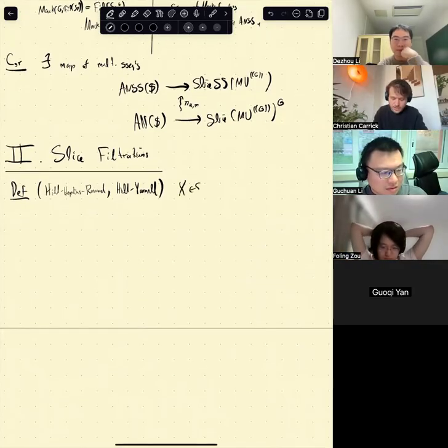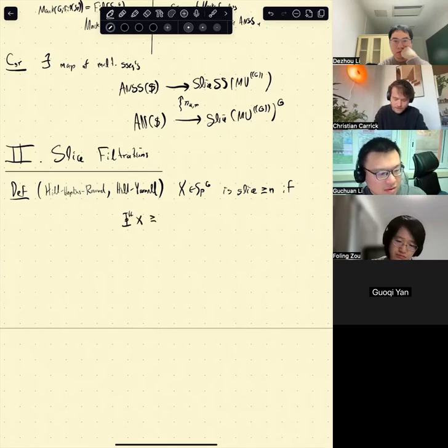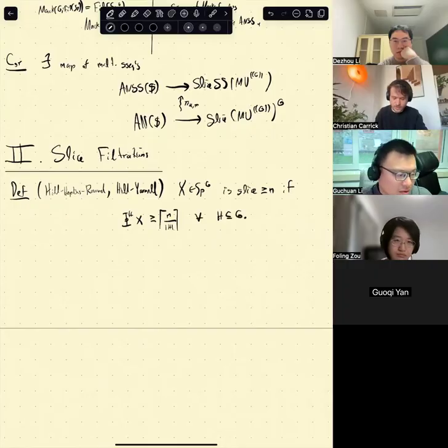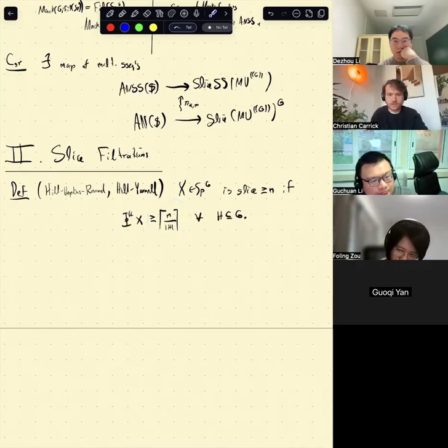So if I have a G spectrum X, we say that this is slice greater than or equal to n if the geometric fixed points of X, which is a spectrum, has the following connectivity as a spectrum for all subgroups of G. So again, this is just an ordinary spectrum, and this is connectivity with respect to the usual T structure on spectra, so with the homotopy groups T structure.